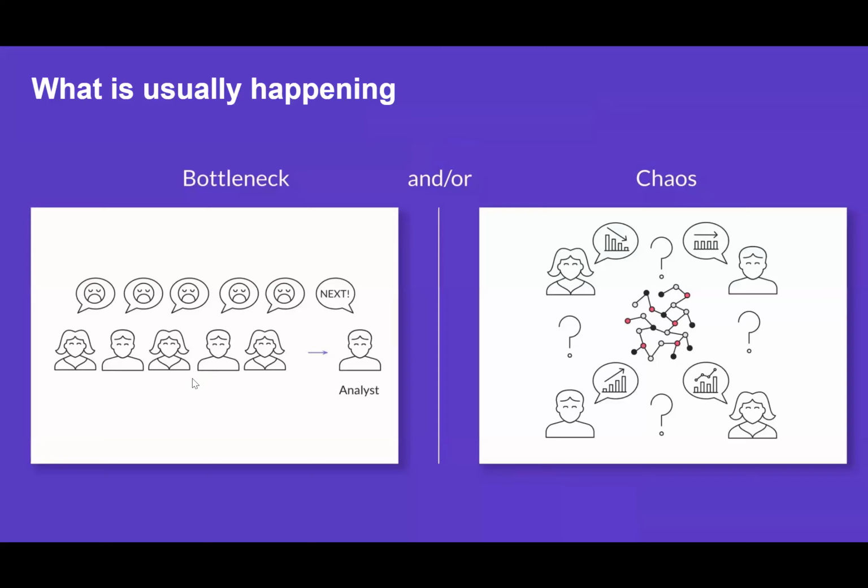The second issue is chaos. The business user asks for something different from what you sent, your predefined report.